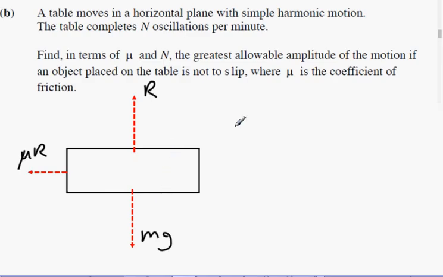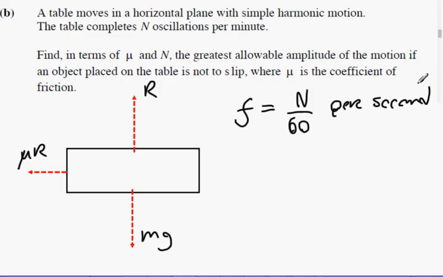Okay. Frequency equals n divided by 60 per second, because we don't deal with minutes, we deal with seconds.